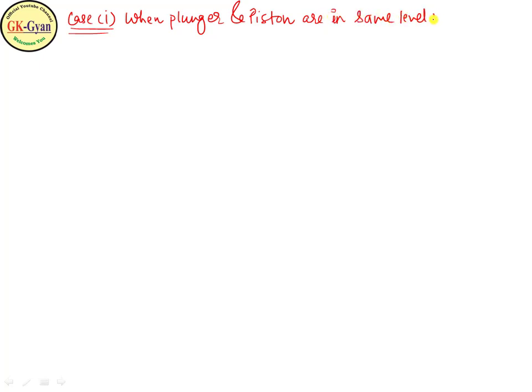Case 1 we will see. Case 1 is when plunger and piston are at the same level.